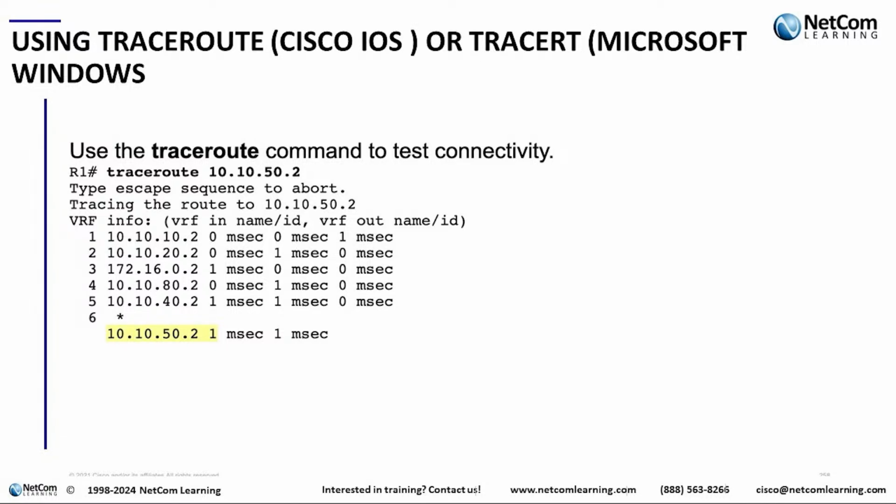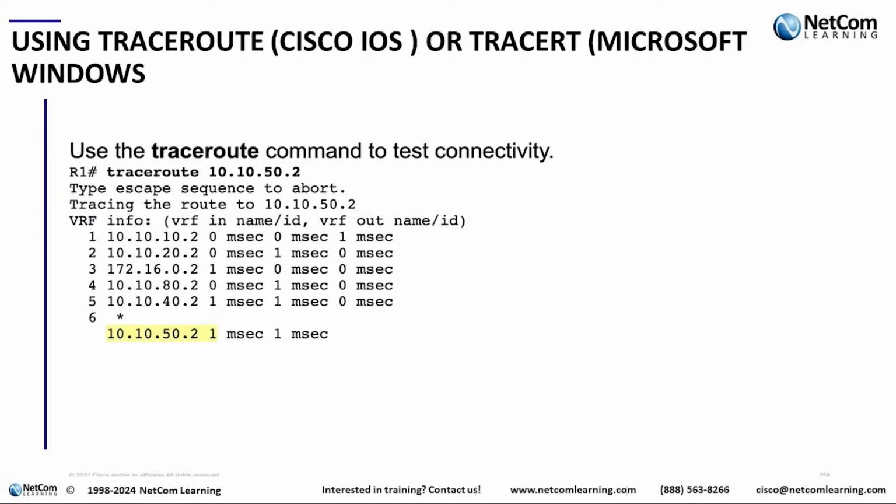And the way that this works is that it sends a series of ICMP echo requests and replies. The first series of messages has a time to live set to 1, meaning that the first router in the path will discard the packet and then send an ICMP time exceeded message. And then that time to live is increased by 1 until the destination host is reached.